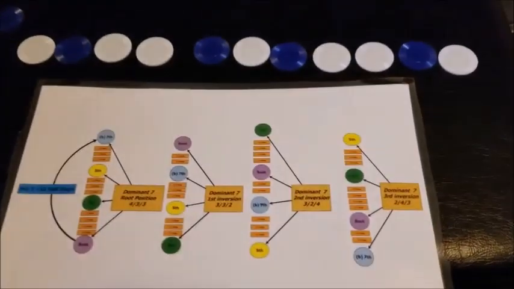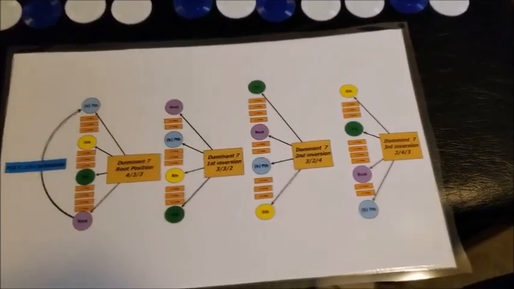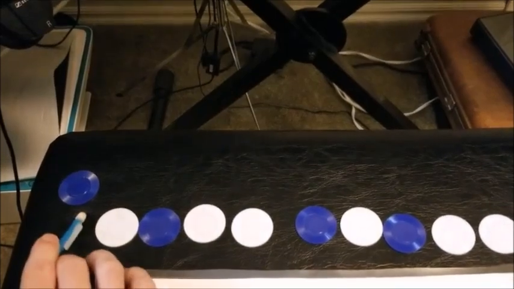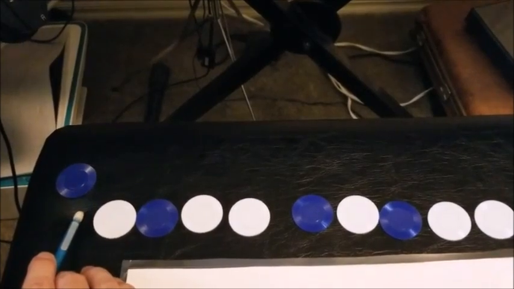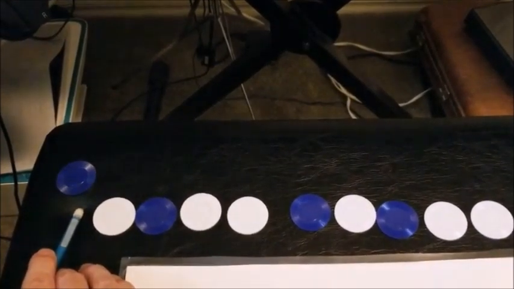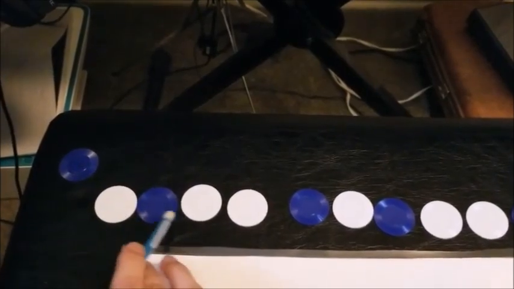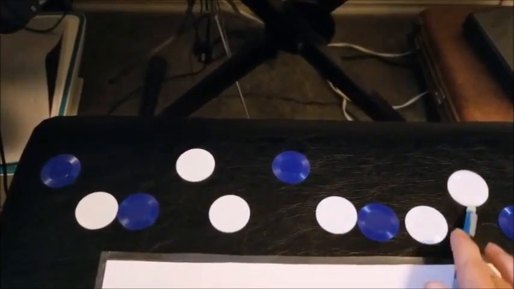Okay, let's do the second inversion, 3, 2, 4. 3, 2, 4, starting here on A flat or G sharp, will be the 5th. 1, 2, 3. 1, 2, 1, 2, 3, 4.